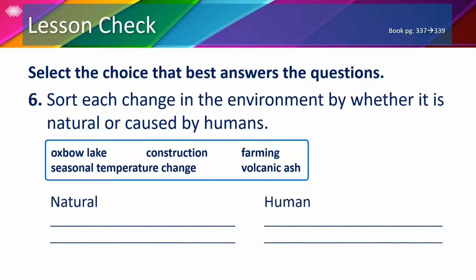An oxbow lake is due to a river changing its own course, so it's natural. Constructions are done by humans. Farming is also done by humans. Seasonal temperature change cannot be controlled by humans, so it's natural. And finally, volcanic ash is due to a volcano erupting, and of course, it's natural.